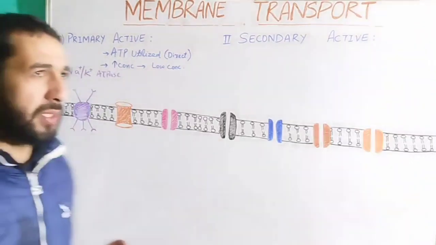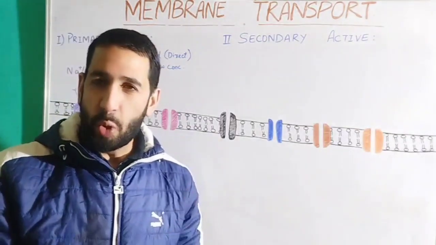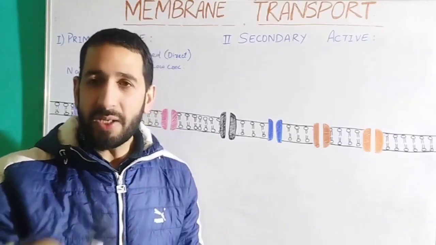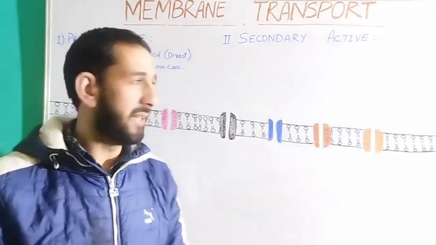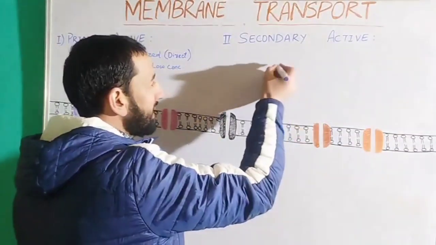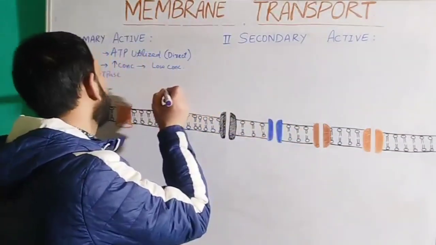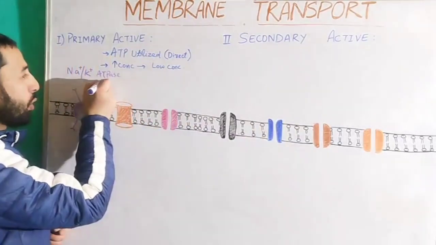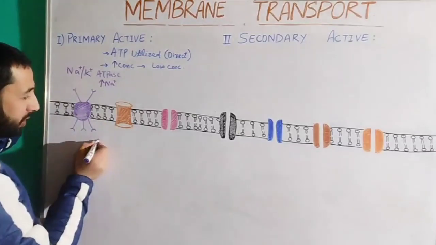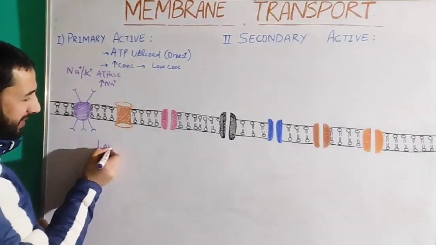Now, what I told you in the last class is that sodium is in higher concentration outside the cell, and it is in lower concentration inside the cell. So if this is outside of the cell and this is inside of the cell, sodium is in higher concentration outside the cell, and sodium is in lower concentration inside the cell.